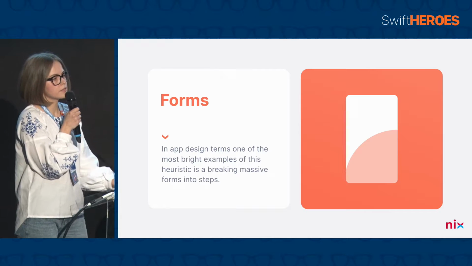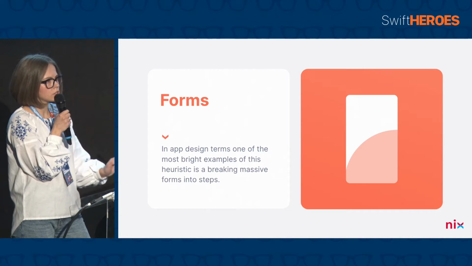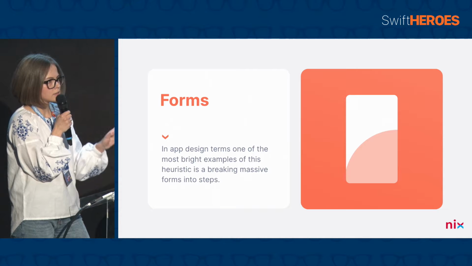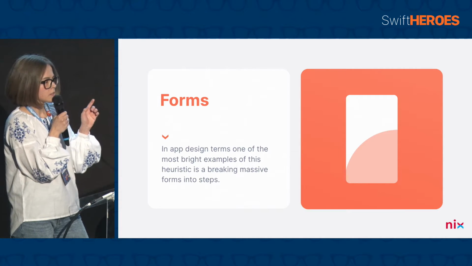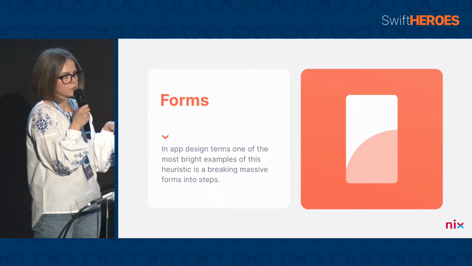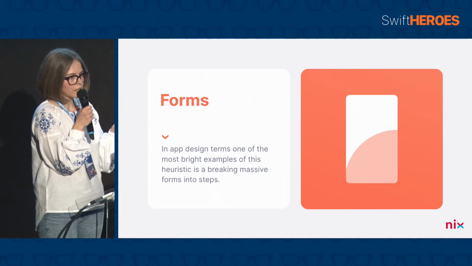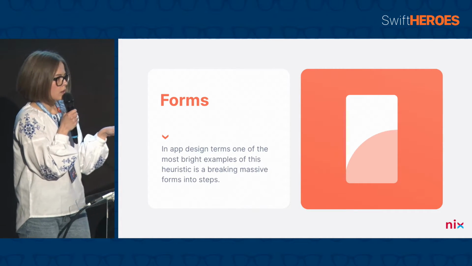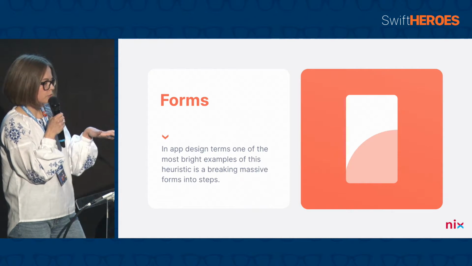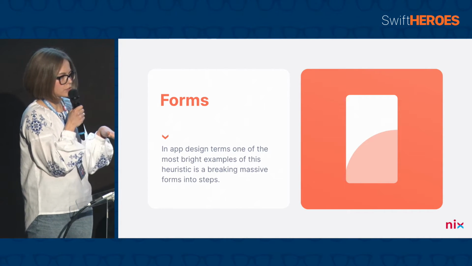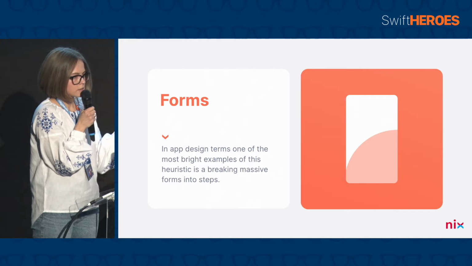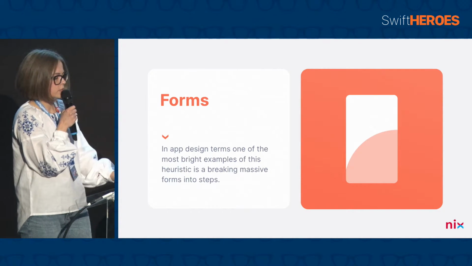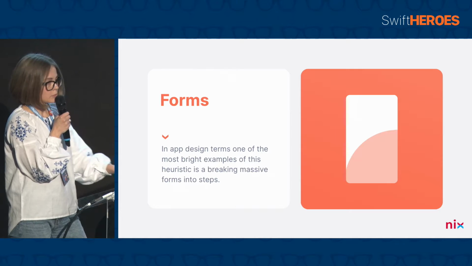I think that this law can also be applied not only to mobile design, but for me it has a connotation with the single responsibility principle from SOLID, because breaking complex stuff into chunks of code, each part of which is dedicated to a specific goal, is something that we need in our daily routine. The same applies to design.